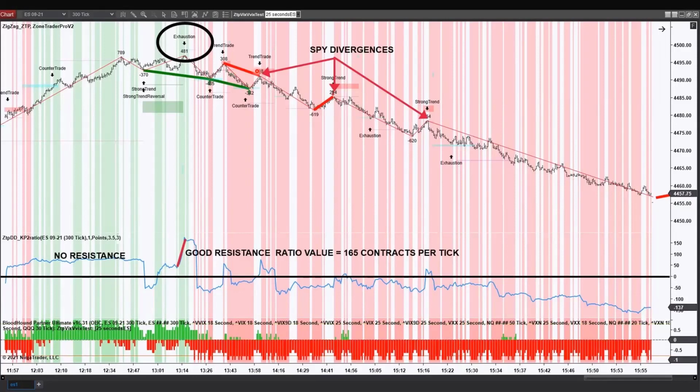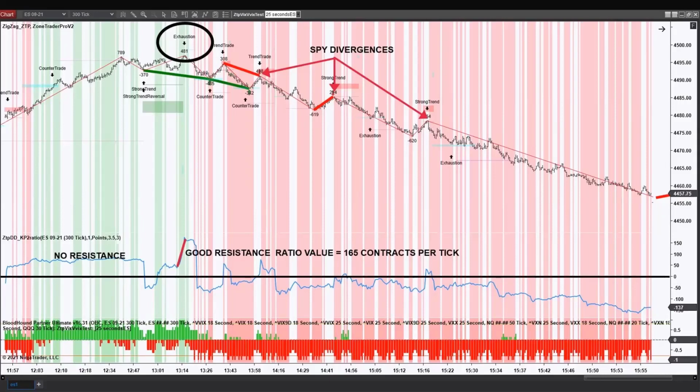And like I said, this manipulation happens in all the stocks. So we see this huge statistical advantage when we have divergences in both the ES and the SPY. I'm going to be doing a video on that shortly.